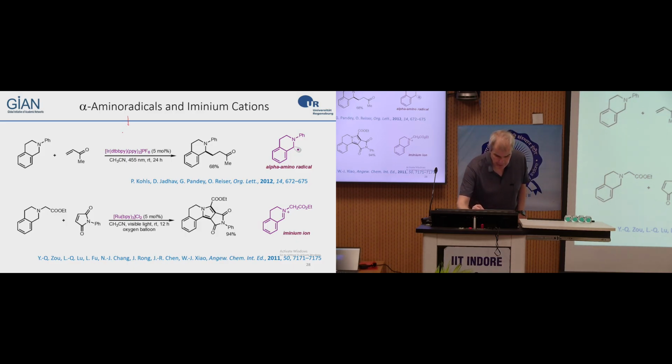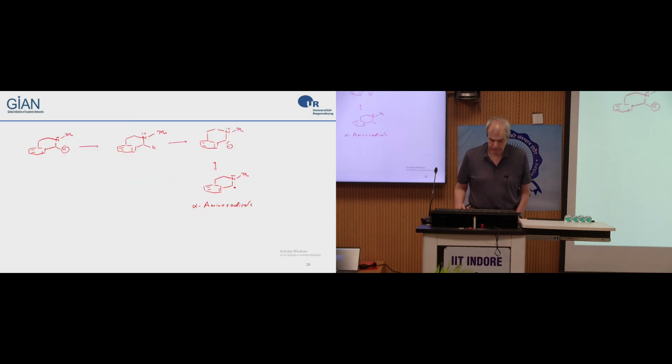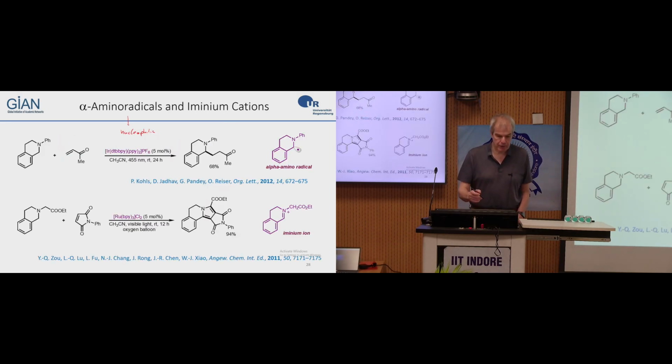So again, these are nucleophilic. And I think it's also clear why this is, because it has this donor in the neighborhood, and so consequently it reacts very well with electron deficient substrates in order to do the type of addition.